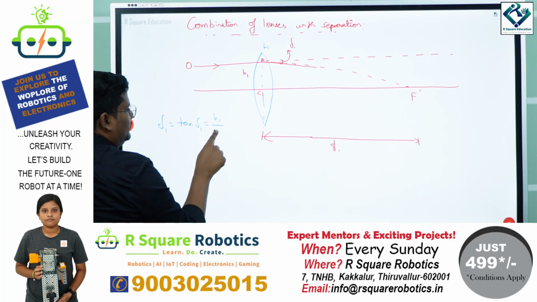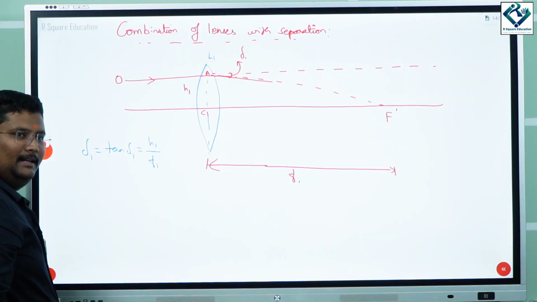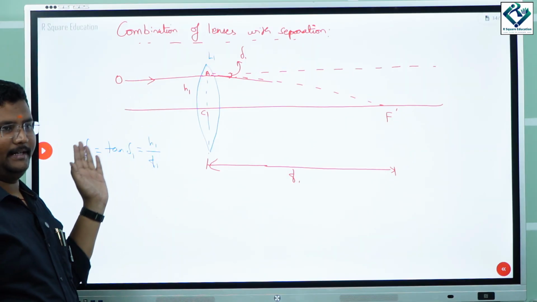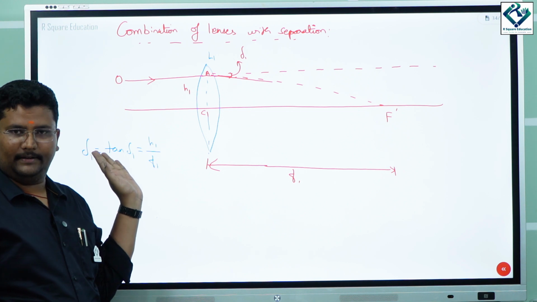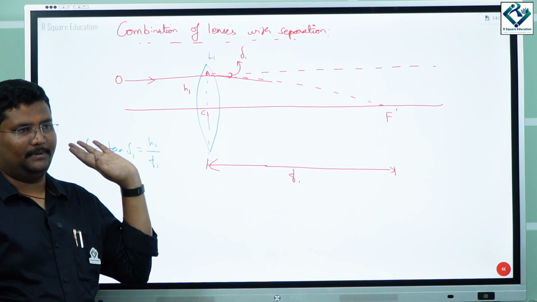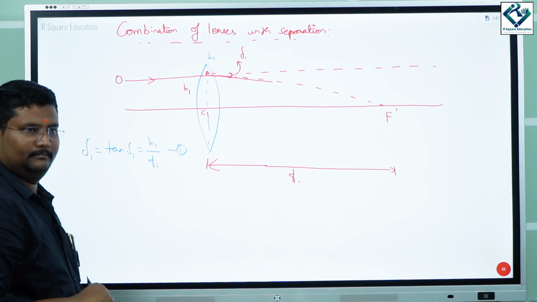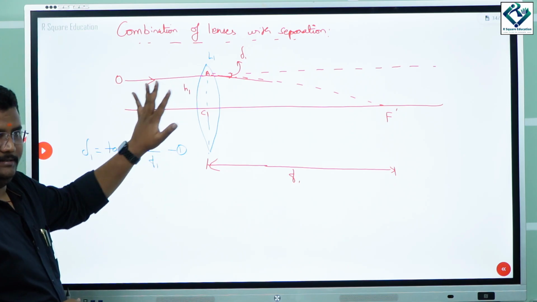So this will be h1 by f1. Right? We are considering it as a paraxial ray, அதனால தான் delta 1 ன்னு எடுத்துக்கிட்டோம். Okay வா? If the angle is very small, we don't want to consider its trigonometric functions. Correct? Okay, let this be the first equation. This is for the first lens.